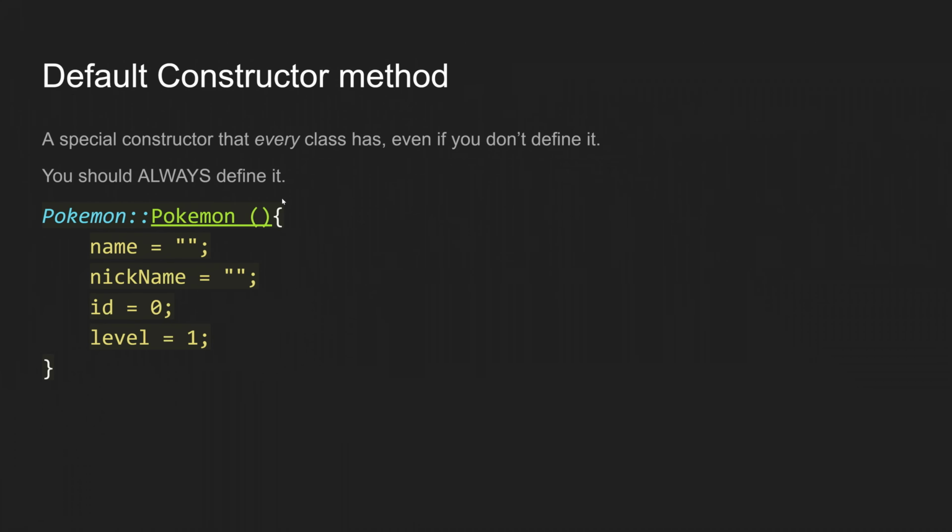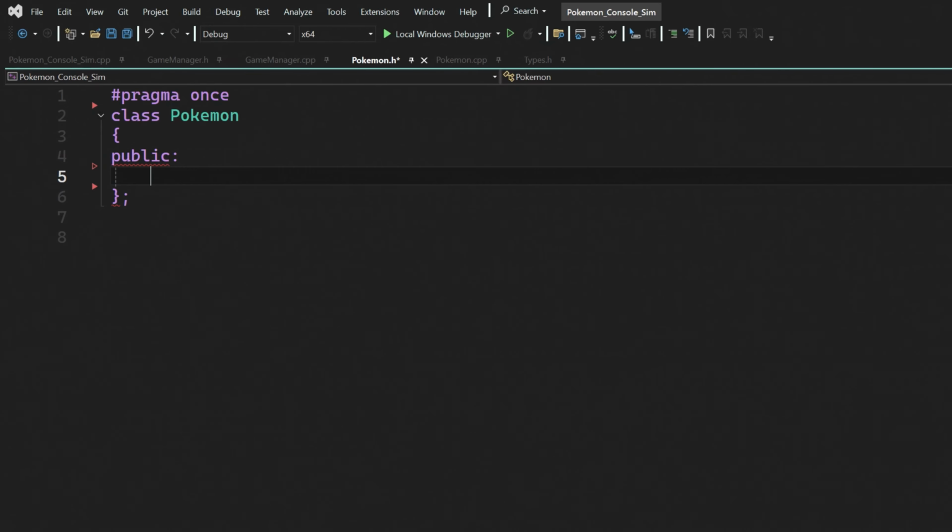Let's actually see that in practice and get that going. All right, so now back in our program, I have Pokemon.h pulled up, and I want to define the constructor. We define the constructor simply by writing, well, first we do our scope, public, because we want our Pokemon constructor to be available to everything. And I'm going to set the name to Pokemon, parentheses, semicolon.